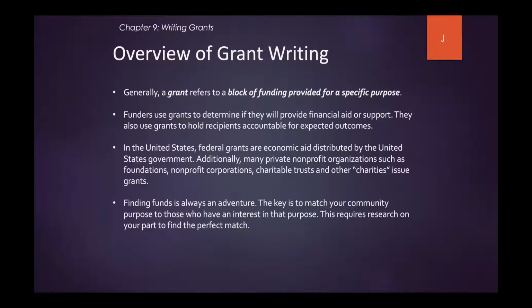And one good source for all of you, perhaps as a start to get a sense of what's out there in terms of grants, is the Foundation Directory. In fact, all of you as students of the U of U have access to the Foundation Directory license through the Marriott Library.